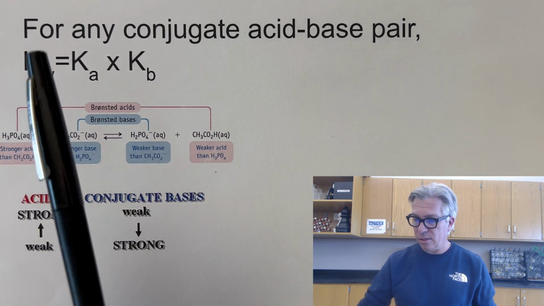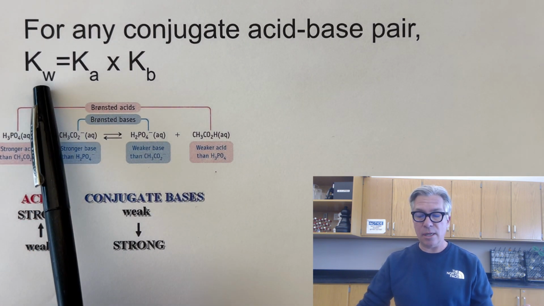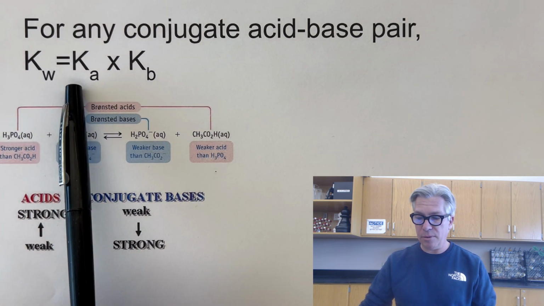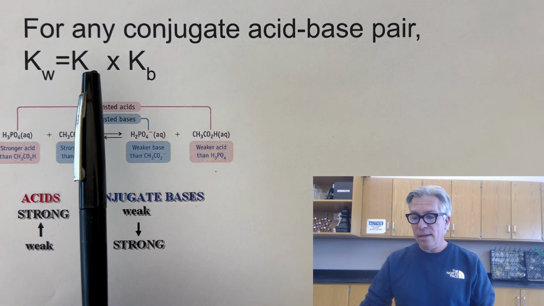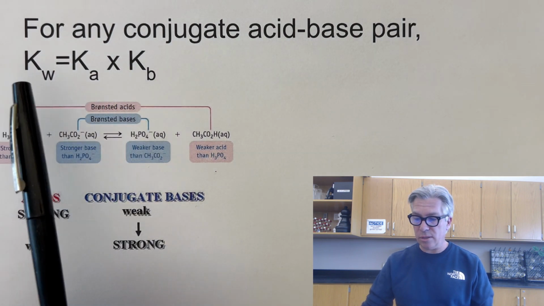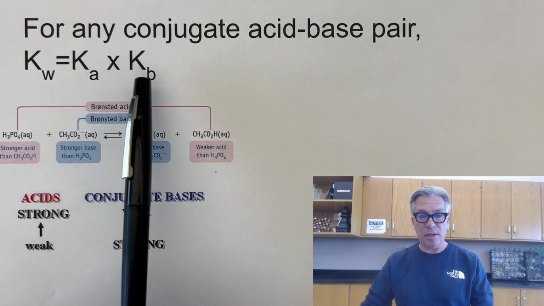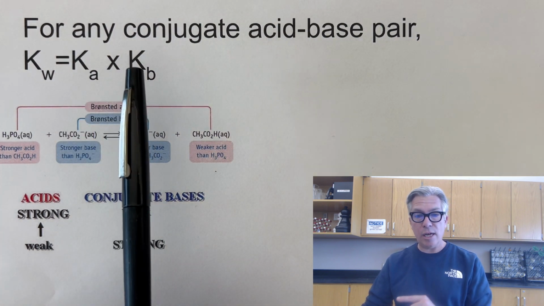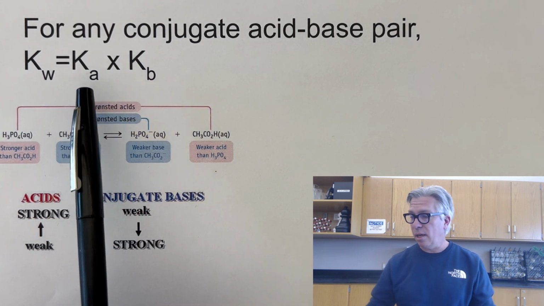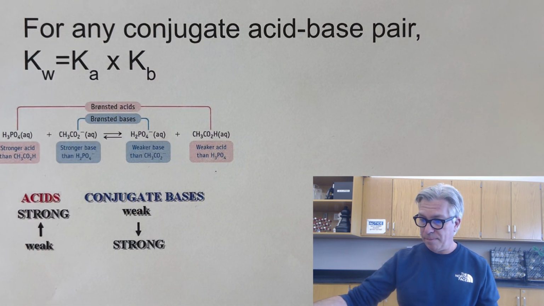That's the dissociation constant for water, 1 times 10 to the minus 14th. And if you know the Ka for your acid, for example, the Ka times the Kb equals the Kw in all situations. So if you know the Ka, you can solve for your Kb for its conjugate. Or if you know Kb for the base, you can solve for Ka for its conjugate. And we'll use that tool as we go through this unit quite a lot.